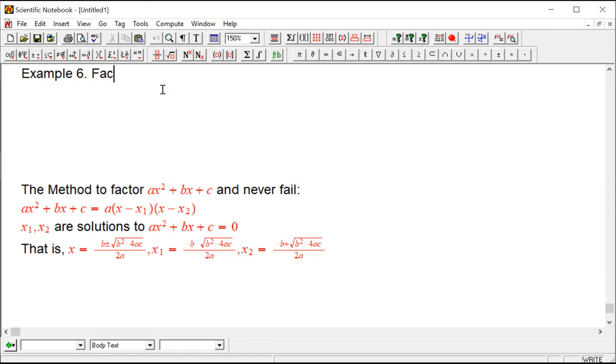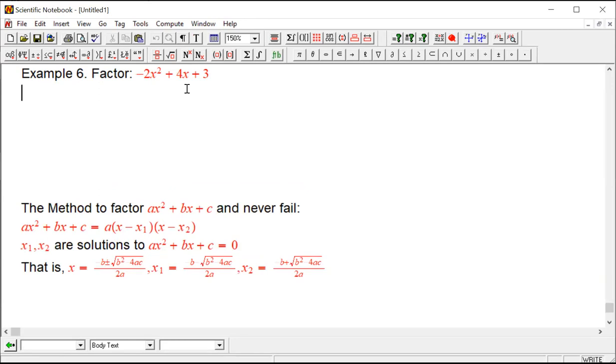Factor -2x squared plus 4x plus 3. Shall we try the simple method? Okay, why not?